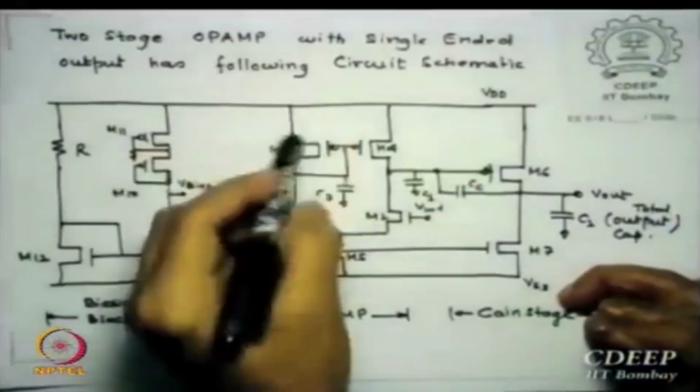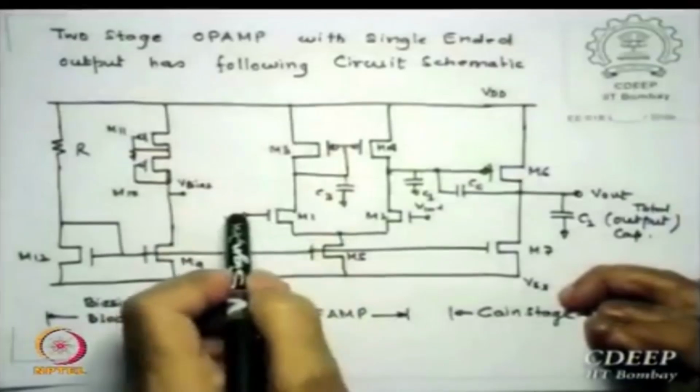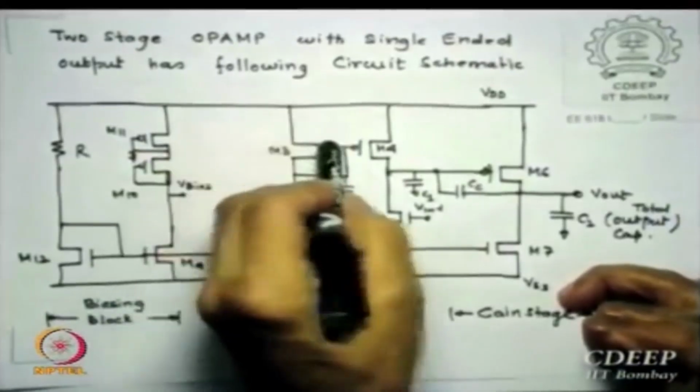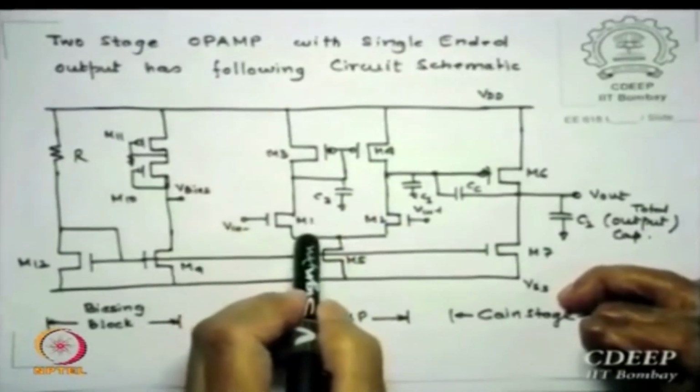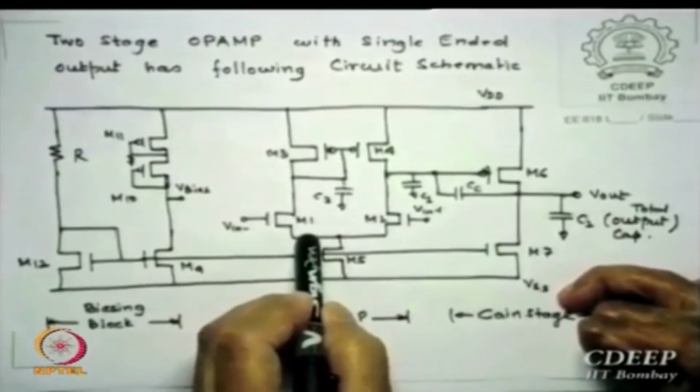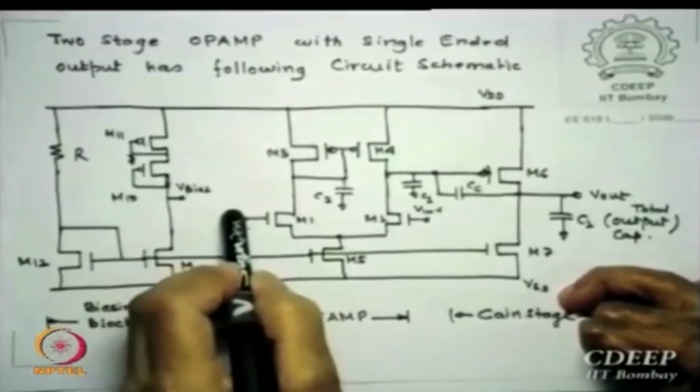Okay, coming back to your Vn, what is the Vn max value you can see from here? From here if I want to reach Vn, one method is VGS3 plus the drop across M1, VDS1, plus VGS1.